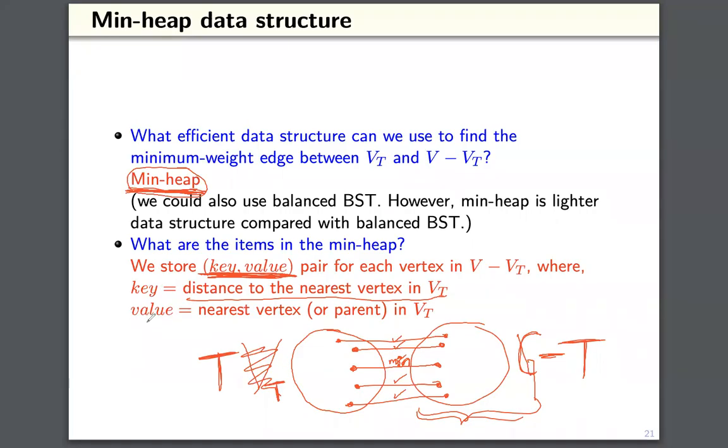And what is the value? Value is not that important. If you just want to find the minimum, value is not that important, but it's good to store. Okay, so what is the value here?